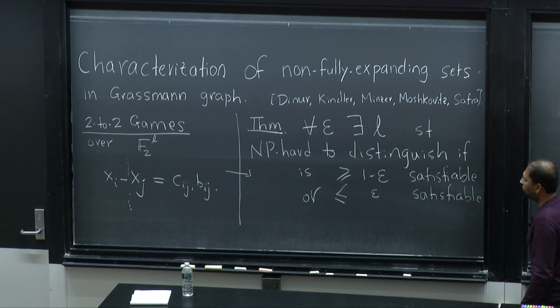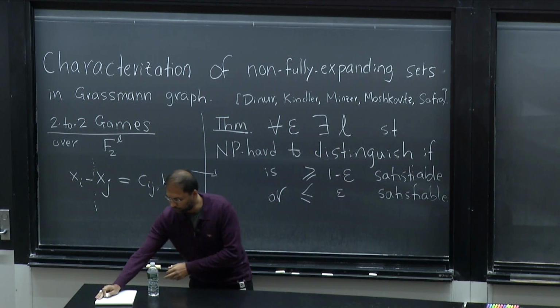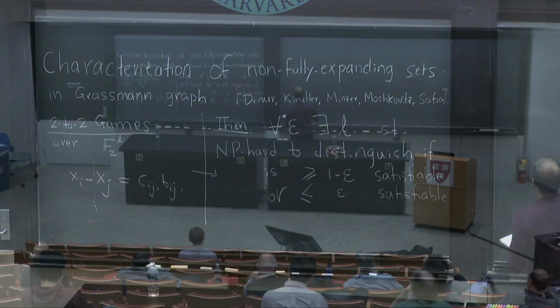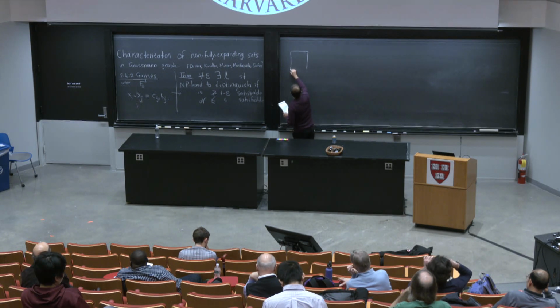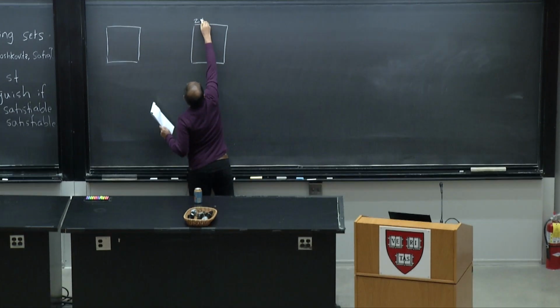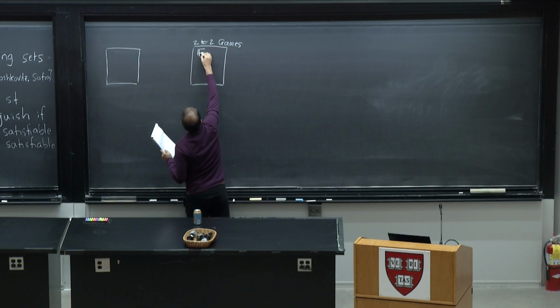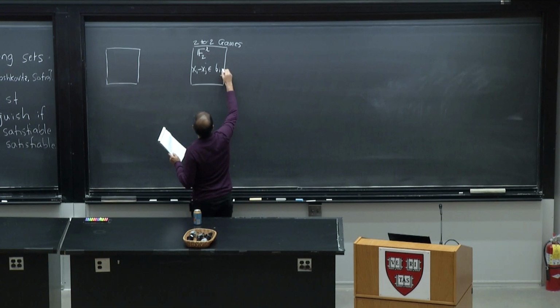And to tie it with what we did in the first talk, it's proved using the following scheme, which I will sketch. We really want to show that this problem, 2-to-2 games, is hard. Here the variables are over this group F2 to the L, and the constraints are of this type: xi minus xj is either Bij or Cij.